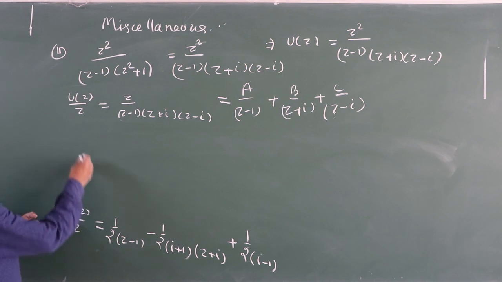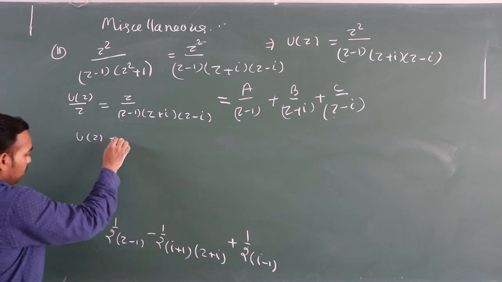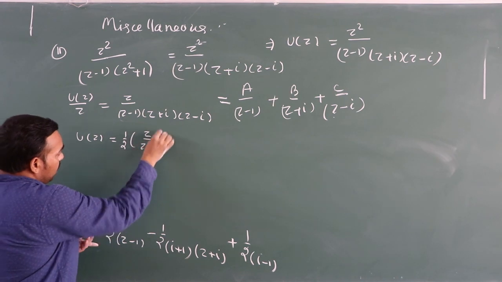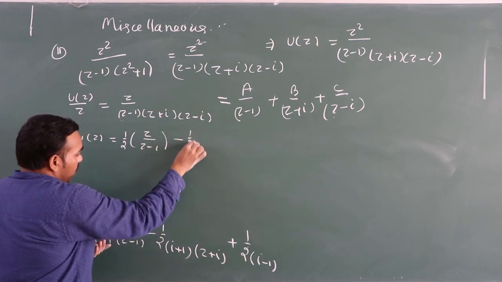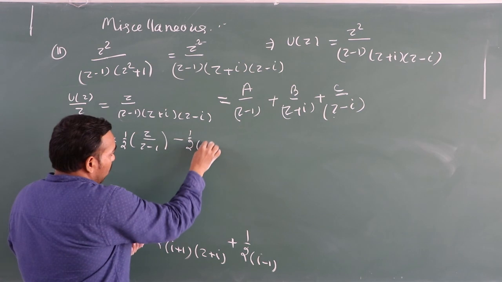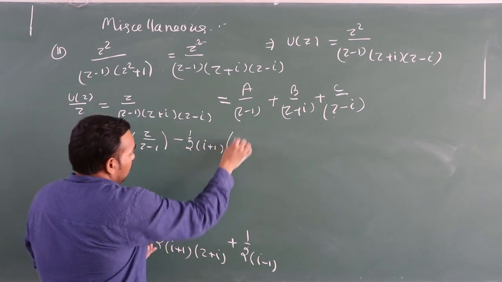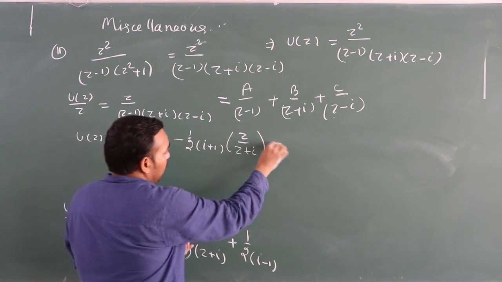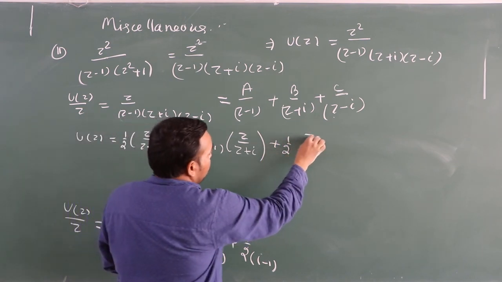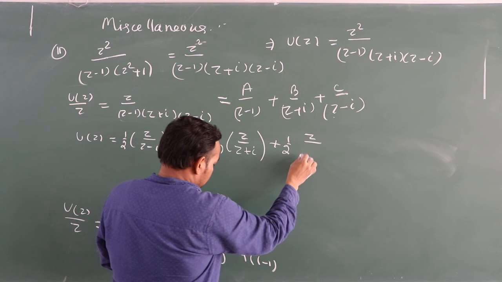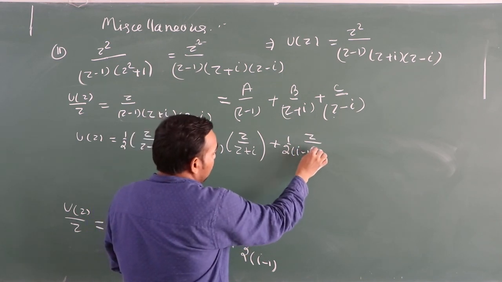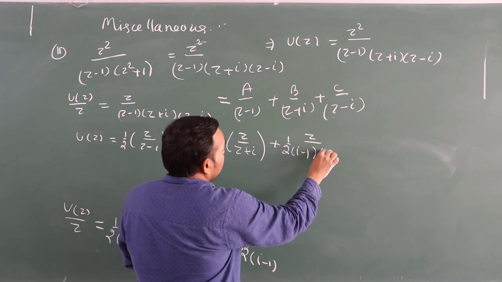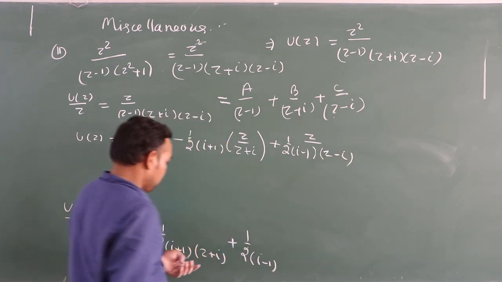Simply write U(z) equals 1 upon 2 z upon (z minus 1) minus 1 upon 2(i plus 1) z upon (z plus i) plus 1 upon 2(i minus 1) z upon (z minus i).